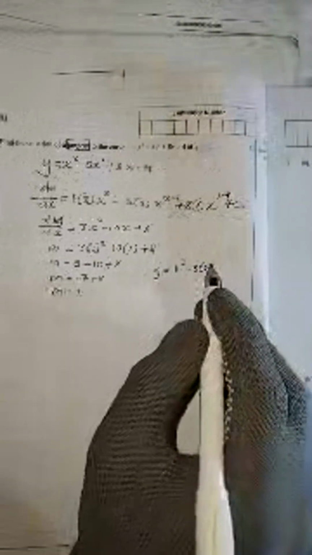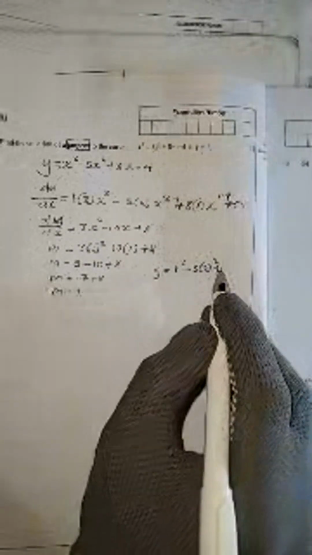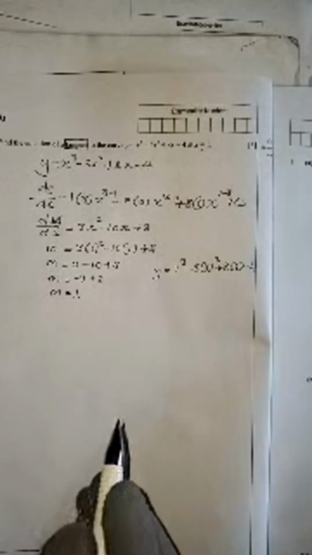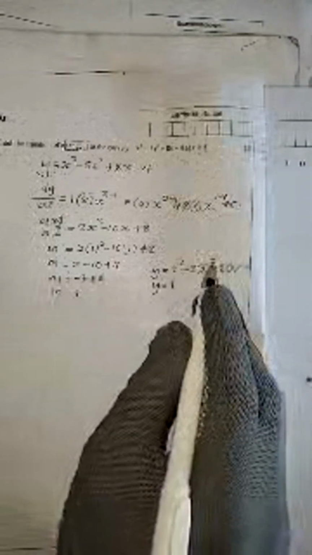So y is equal to 1 to the power 3 minus 5 times 1 to the power 2 plus 8 times 1 minus 4. Which should be y is equal to 1 to the power 3, just 1. 1 squared is 1 times 5, just minus 5 here.